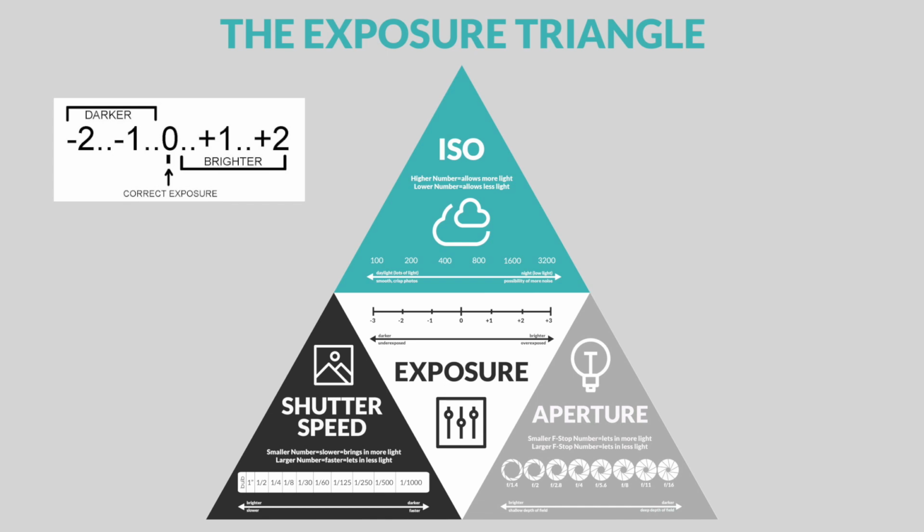Now after time you'll get familiar with the needle in the centre going left and right to under and overexpose. But those are extreme circumstances. On an average day shooting outside, your goal will be to get the needle that floats along the line into the centre where it says 0.